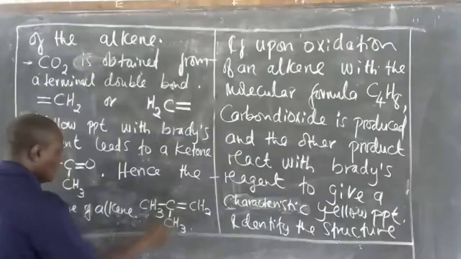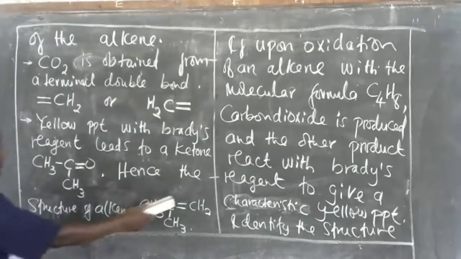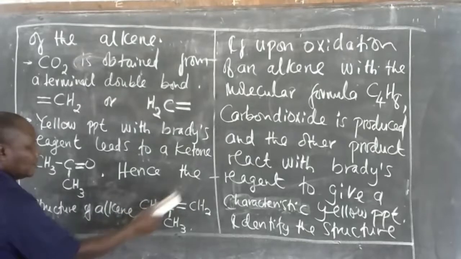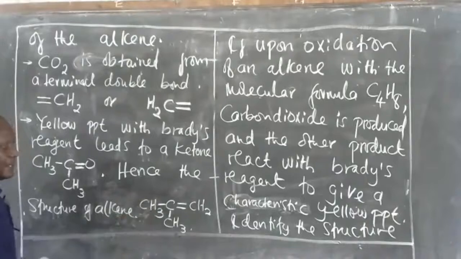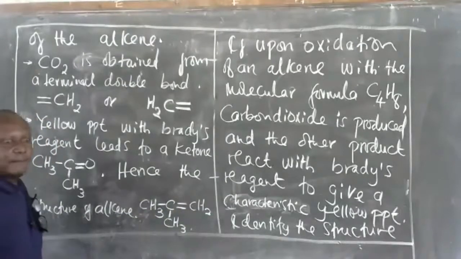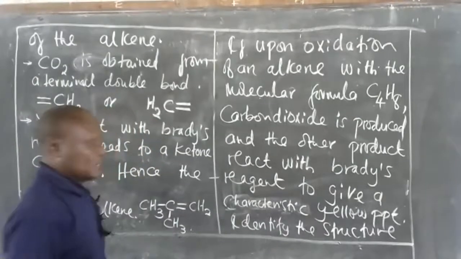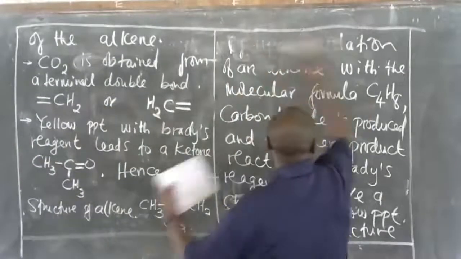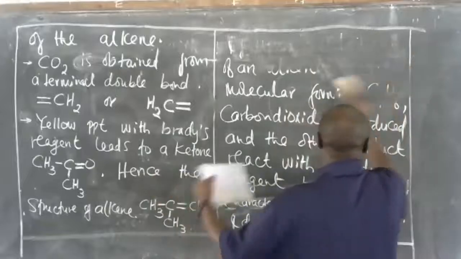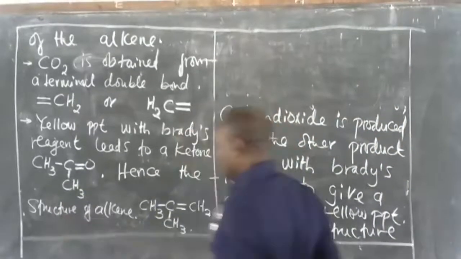That means that when you oxidize this one here, as we were discussing before, this one gives us what? CO. There was no hydrogen. This one's going to give us carbon dioxide plus water. Okay? So we have now come up with the structure of the alkene.